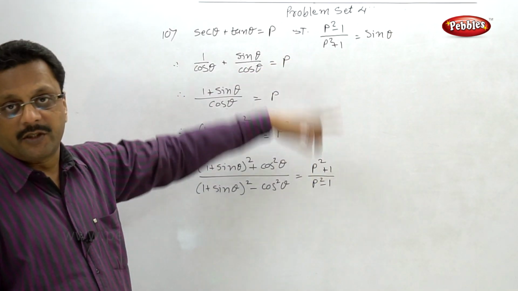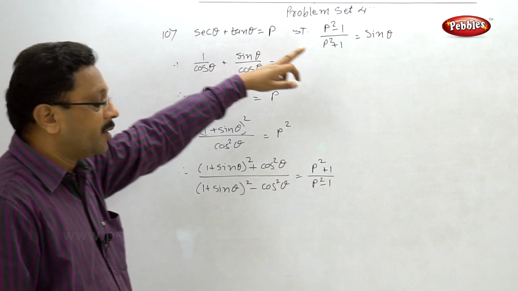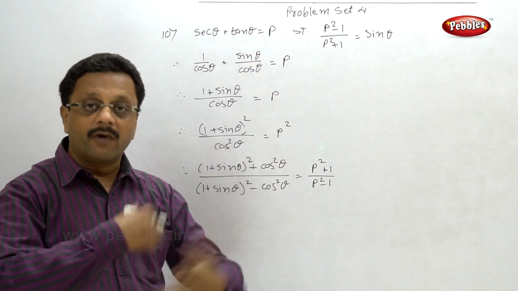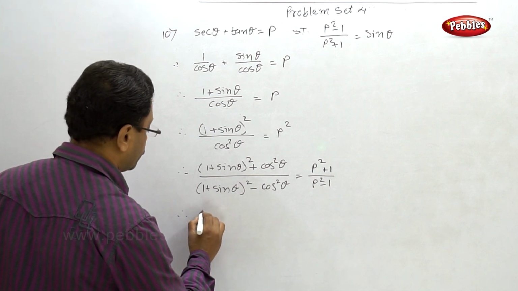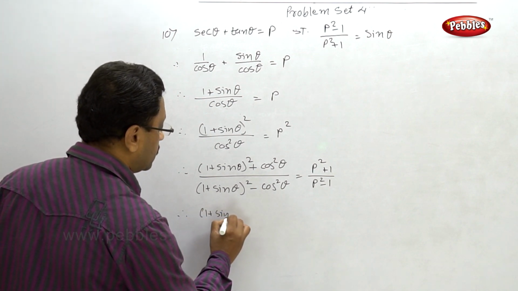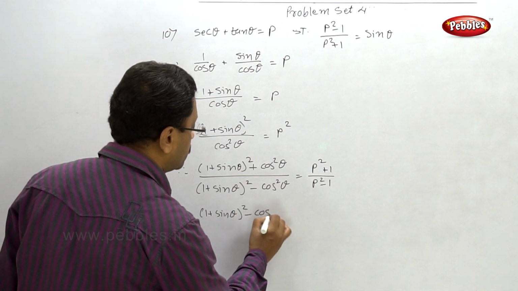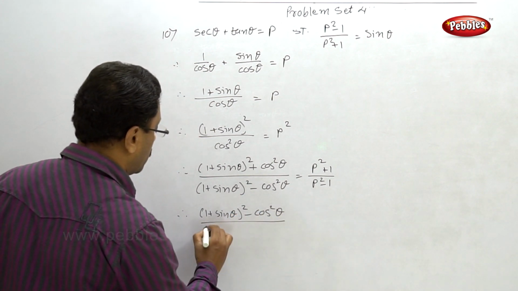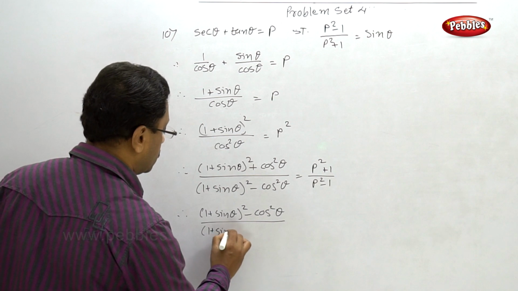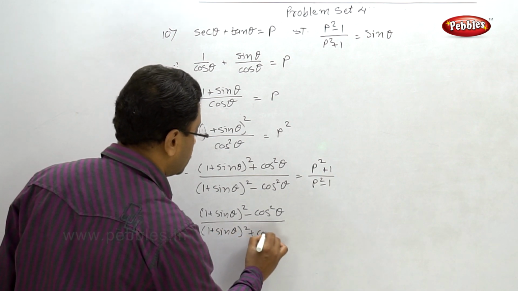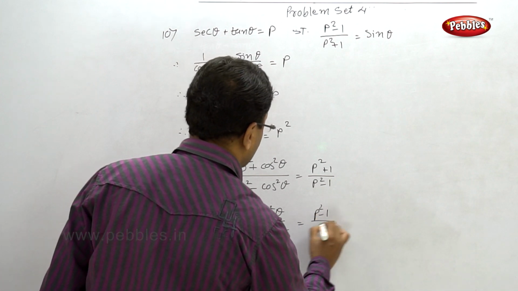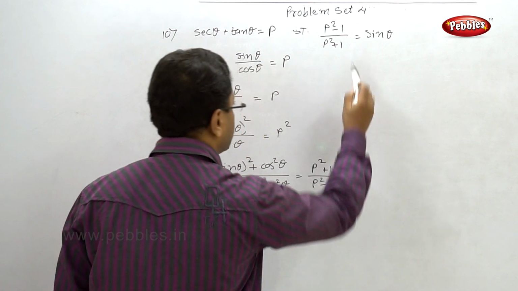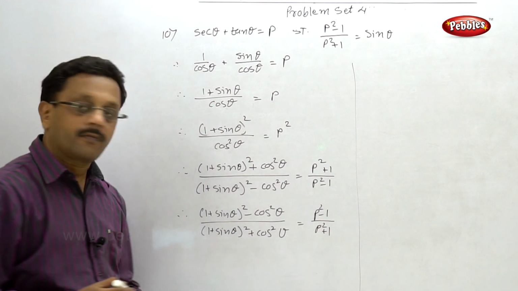P square minus 1 is on the numerator. So we will do now invertendo. So by invertendo I will have 1 plus sine theta whole square minus cos square theta upon 1 plus sine theta whole square plus cos square theta is equal to P square minus 1 upon P square plus 1. Correct?